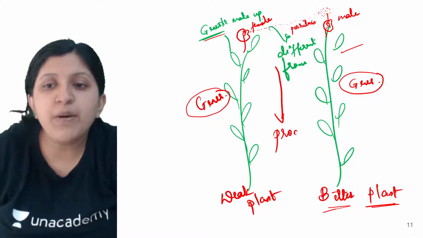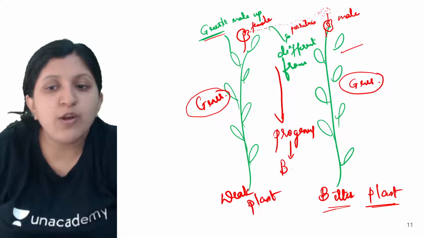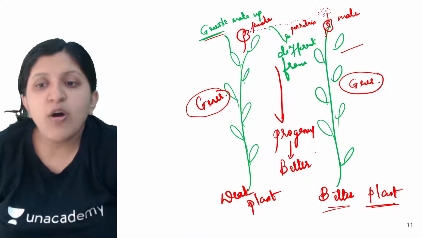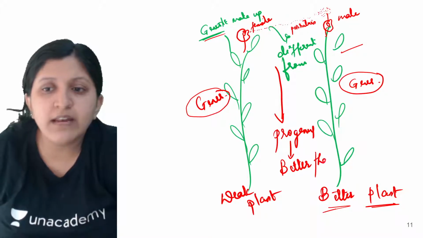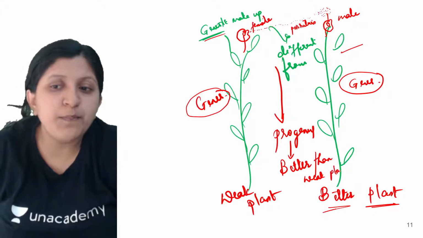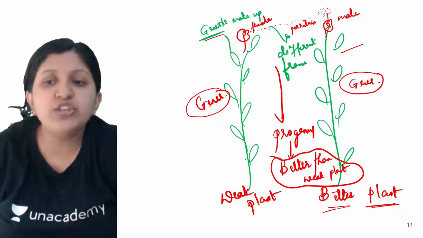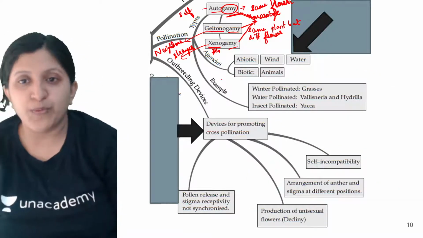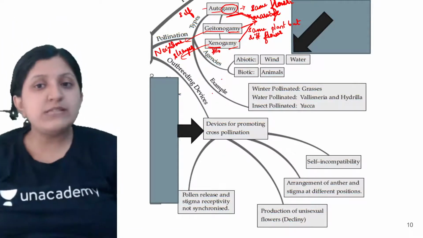Whatever progeny is produced can also be better, or better than the weak plant. Any combination can occur, and whenever genetic combination occurs, there is a chance of improvement. So xenogamy or allogamy is one such thing.